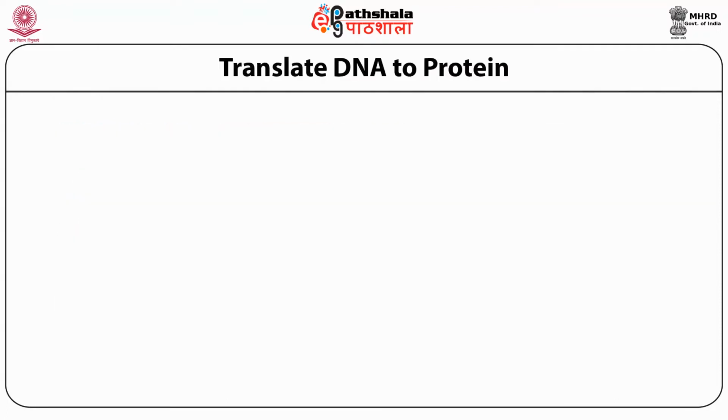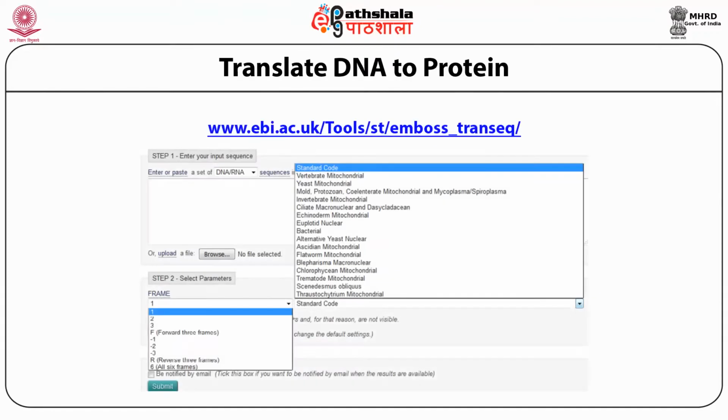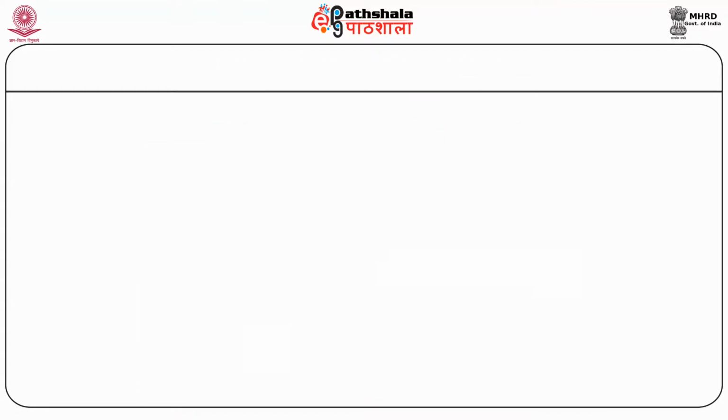To translate HPR DNA to protein in silico, use the EMBOSS Transeq tool available at the European Bioinformatics Institute. This tool translates the given DNA sequence to a protein. We know that the DNA sequence starts with ATG codon, so just paste in the HPR DNA in the text box and choose frame 1 and bacteria, then click Submit button.